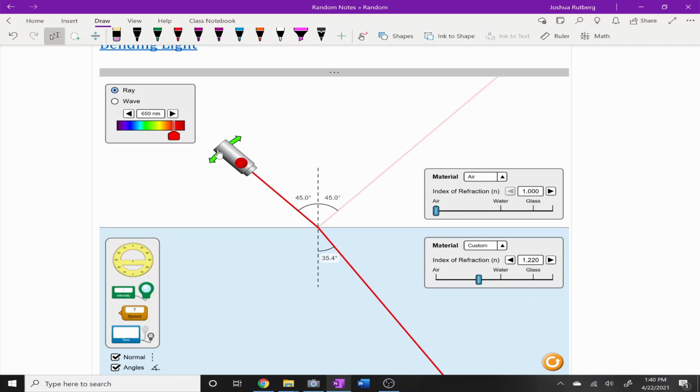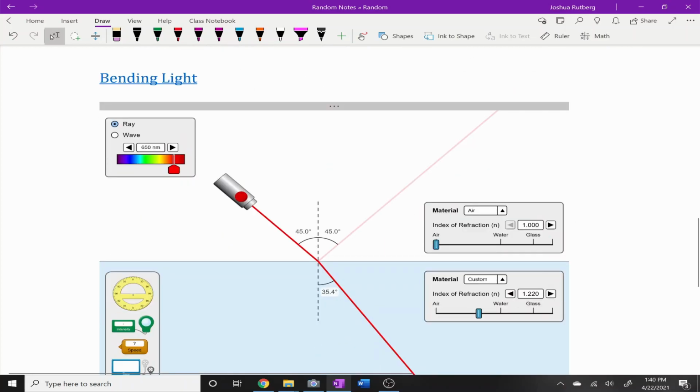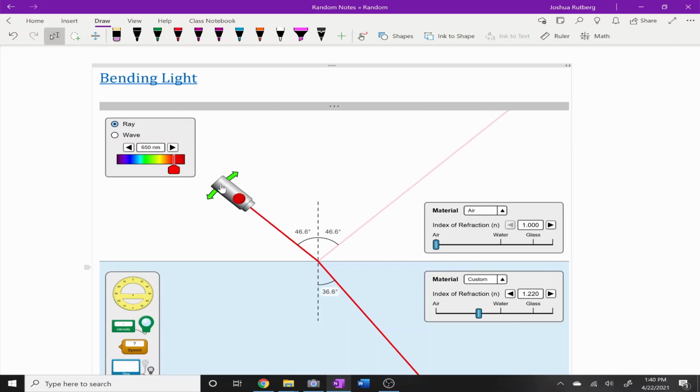And if I have an angle of incidence of 43, I should have an angle of refraction of 34.2. There we go. So look.